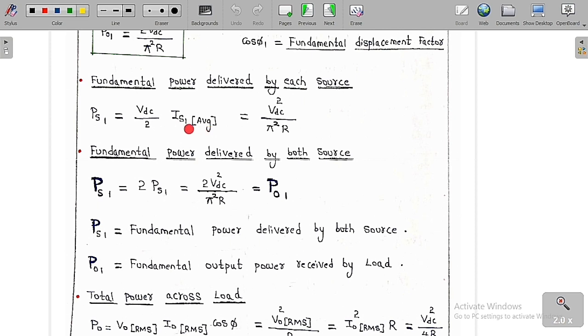This value just now we have figured out, it is equal to 2 VDC by pi square R. If you substitute here and do the multiplication, we are going to get VDC square by pi square R.